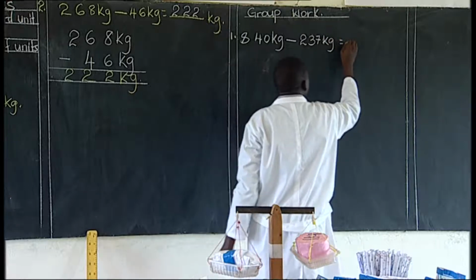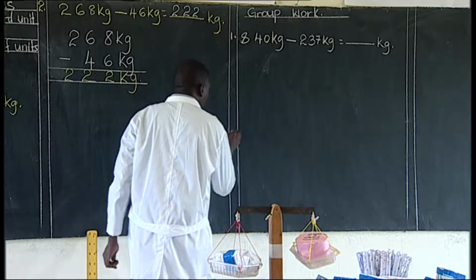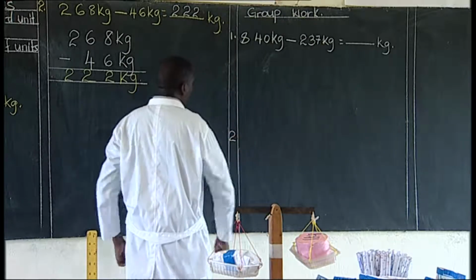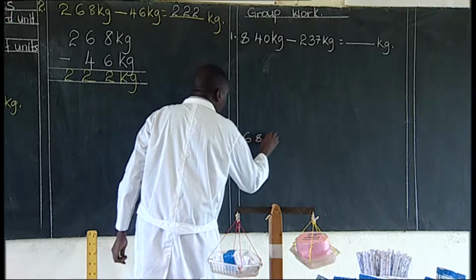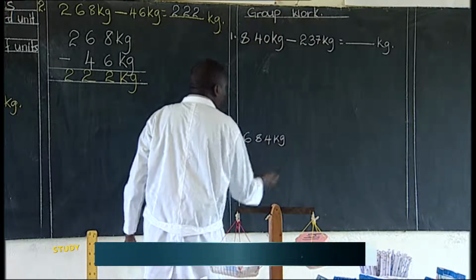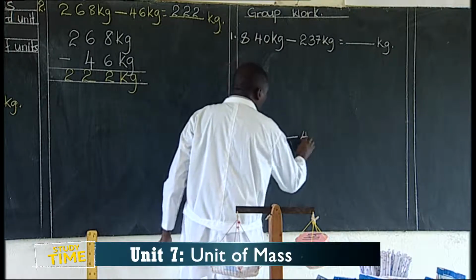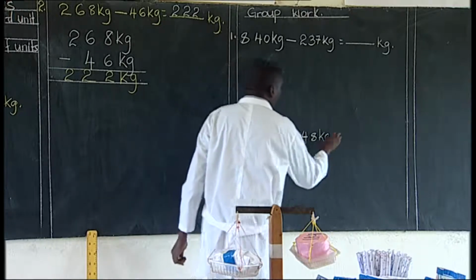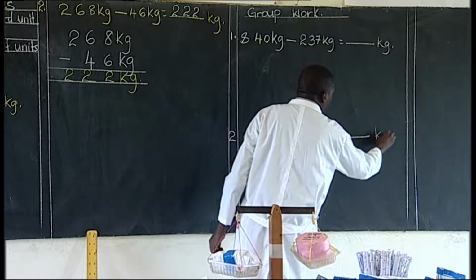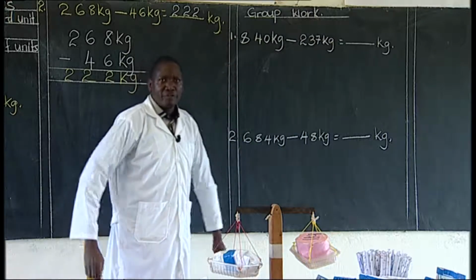What shall we get? That is the first one. Then number 2, we have 684 kilograms. Take away 48 kilograms equals dash kilograms. Children, are we there? Wonderful.